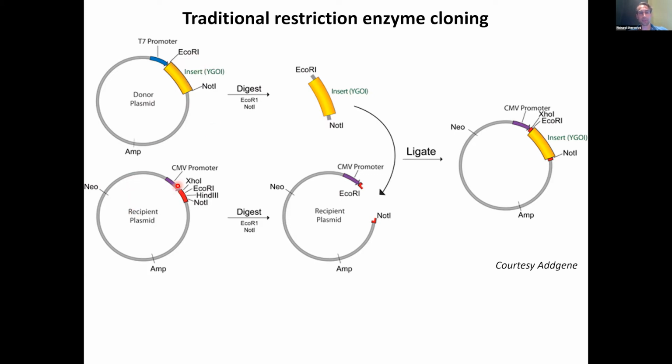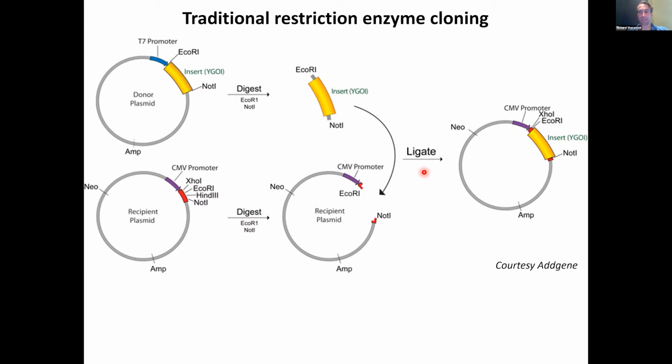And then you have a recipient plasmid where you use those same sticky ends and insert whatever insert you want from one plasmid to the other. This is sometimes called subcloning. And usually this is done by a restriction enzyme digest of both plasmids, followed by a DNA ligase.